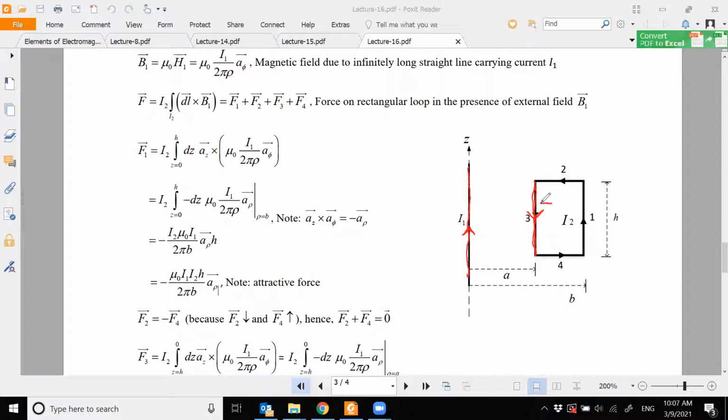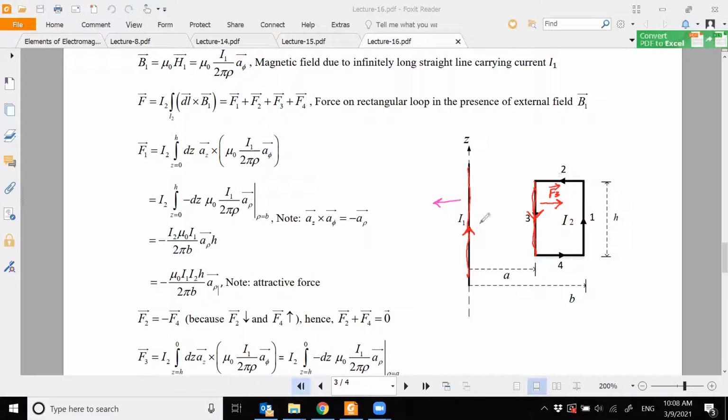It is in this direction. So this is what F3 was. Similarly, the force exerted on this one due to this one, although we did not calculate it because it is very difficult to calculate, we can still generalize and say that it will be in this direction.